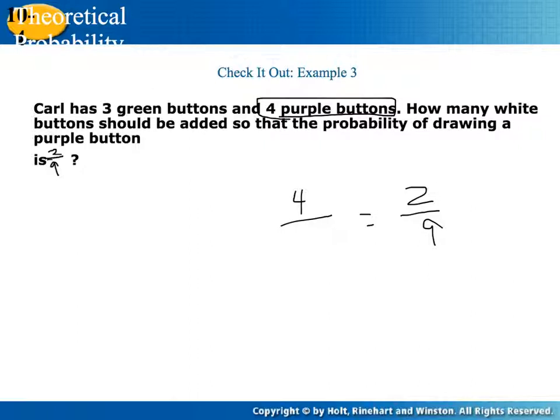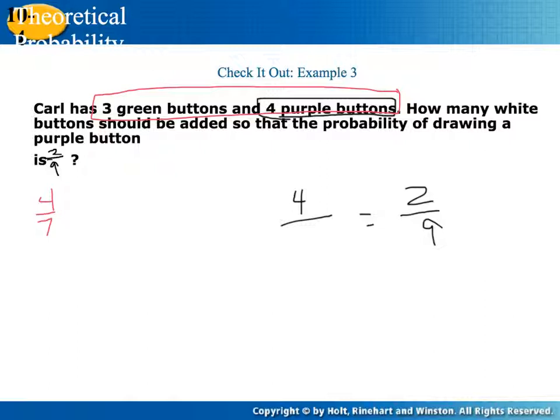4 purple buttons. That's what I'm focused on. My probability of getting a purple button out of this collection, I want that to equal 2/9. Right now, the probability of me picking a purple button out of the total number of buttons he has is 4/7 because he has 7 total buttons. However, 4/7 is not the same as 2/9.